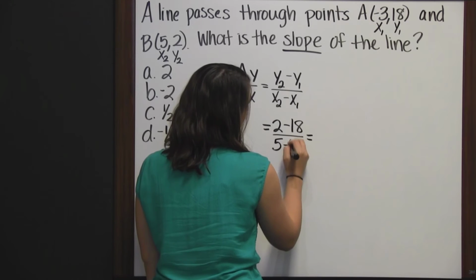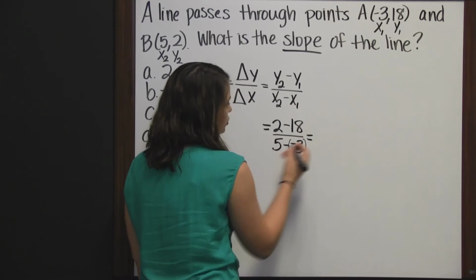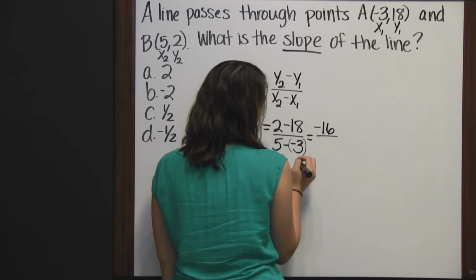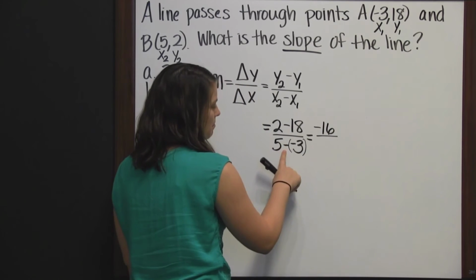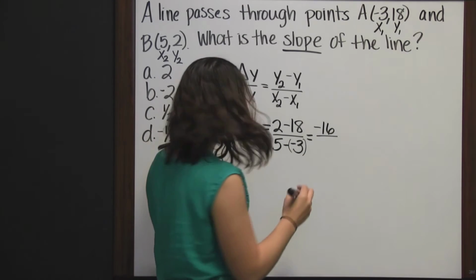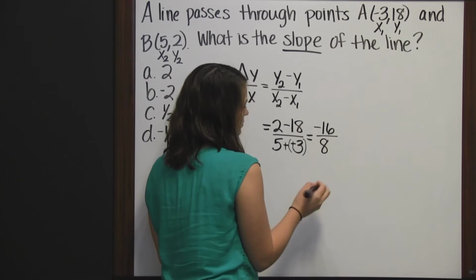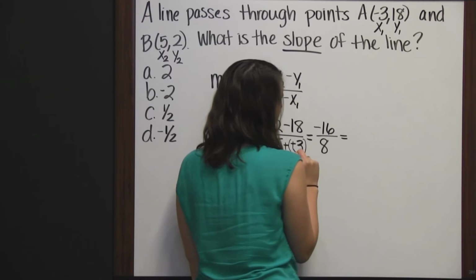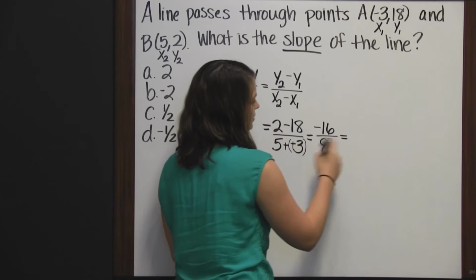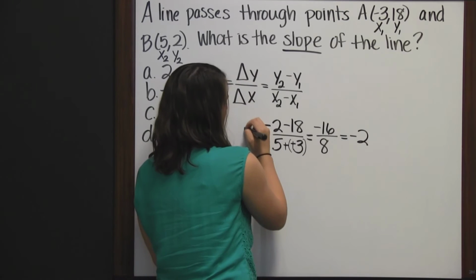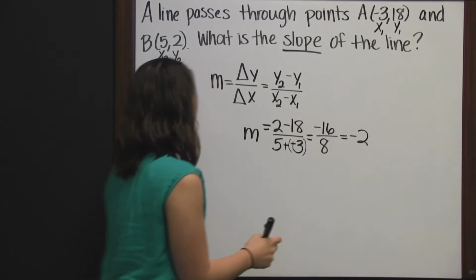And then we simplify. 2 minus 18 is negative 16 divided by 5 minus a negative 3. We can add the opposite, so that's just 8. And we can simplify that. Negative 16 divided by 8 is negative 2. So our slope is negative 2.